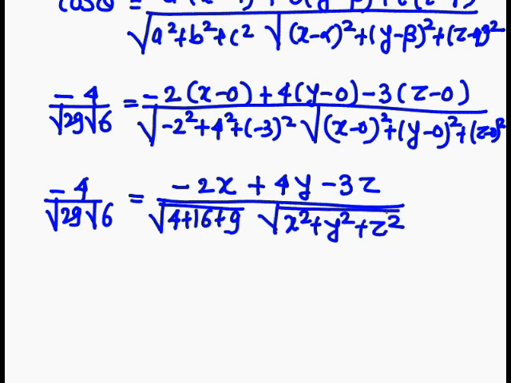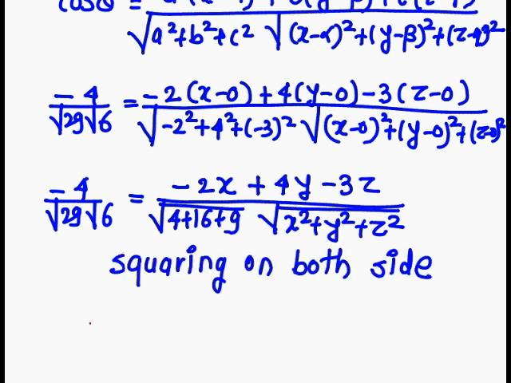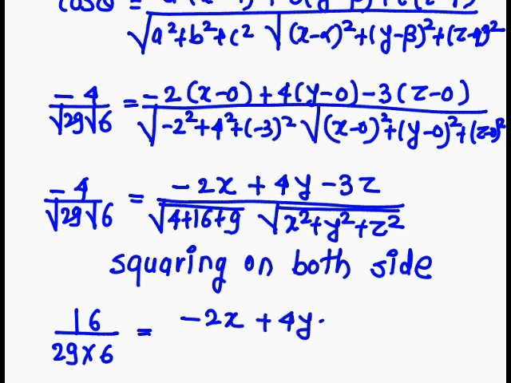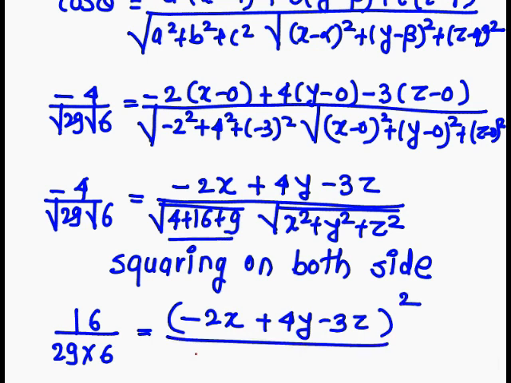So to remove this square root, squaring on both sides, we get 16 upon 29 into 6 is equal to minus 2x plus 4y minus 3z the whole square, upon 29 into x square plus y square plus z square.